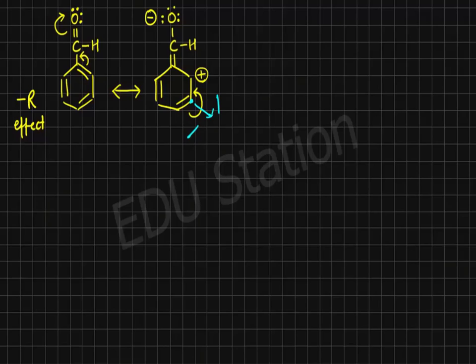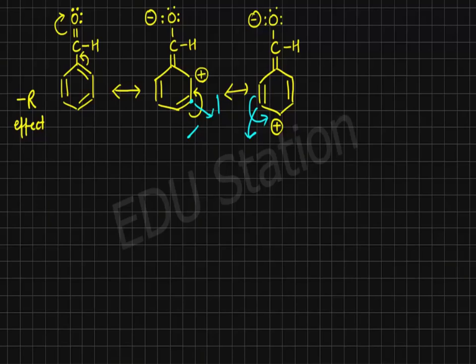So, the next structure will be like this. Double bond C O, negative, H. Now, this withdraws the electrons from this, same, this carbon will not get affected, the meta one.